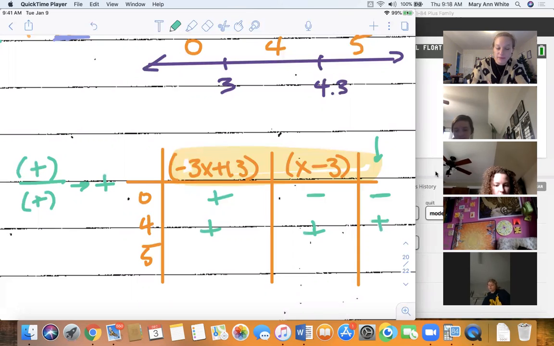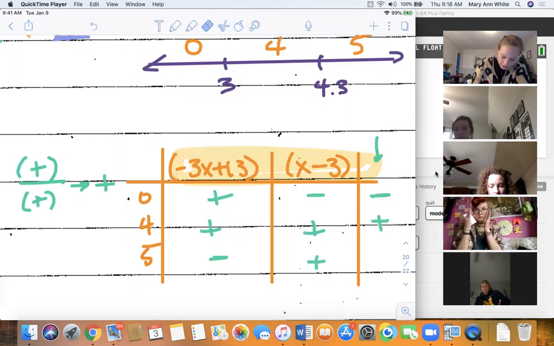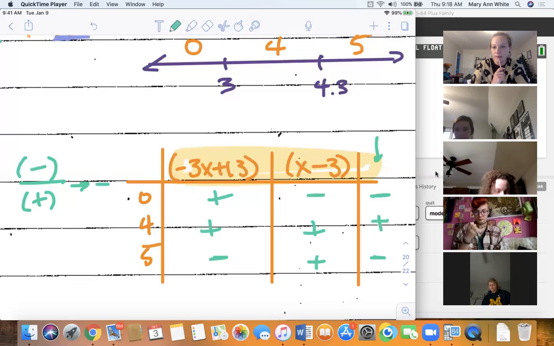So 5 times negative 3 is negative 15, plus 13 is still negative, and then 5 minus 3 is a positive number. So now I've got a negative divided by a positive. Negative divided by positive stays negative. Once we fill in our sign chart, go put your signs on your number line.